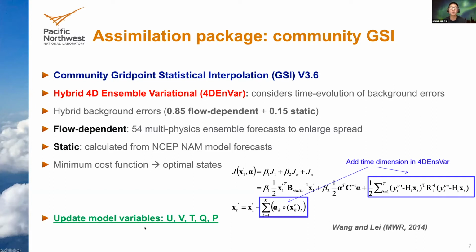The term hybrid means the background error actually comes from both flow-dependent and static types of background error.